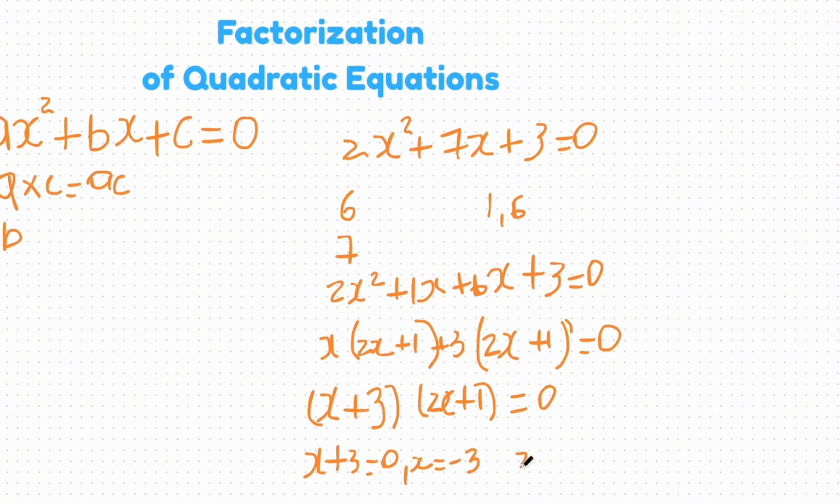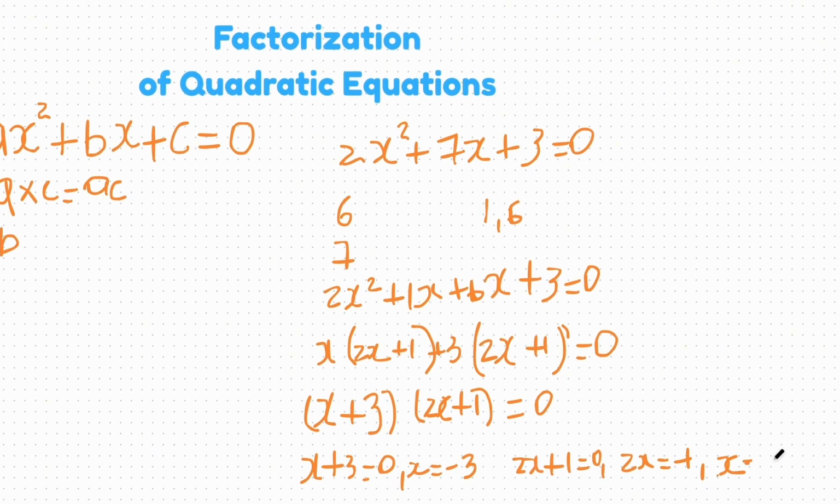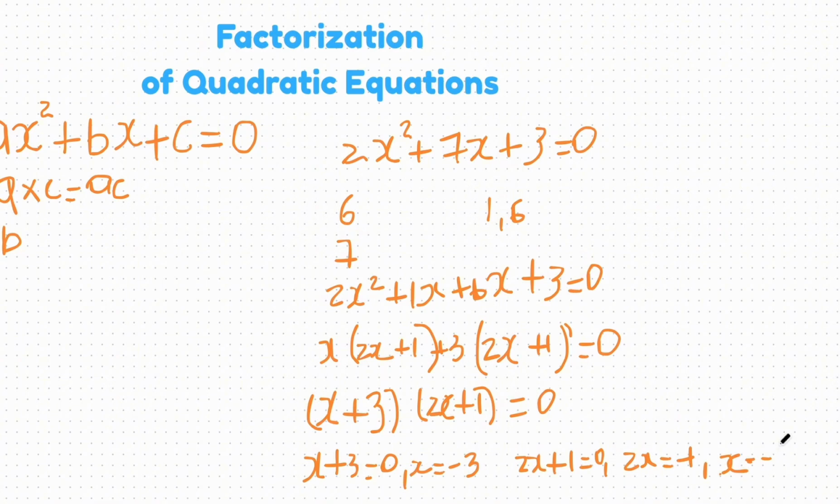Then our 2x plus 1 equated to 0. 2x is equal to negative 1. That's when we bring over our 1. X is equal to negative 1 divided by 2.